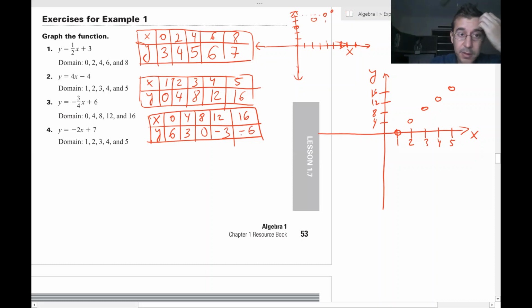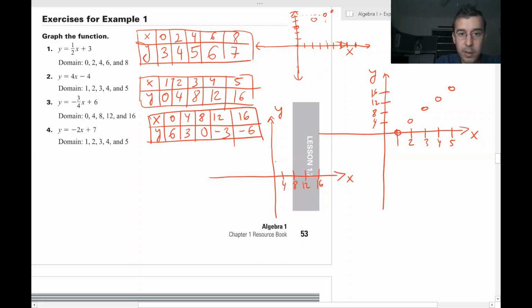Okay. So let's have another graph right here, x and y. For x, we have 0 to 16, so we can do 4, 8, 12, 16.